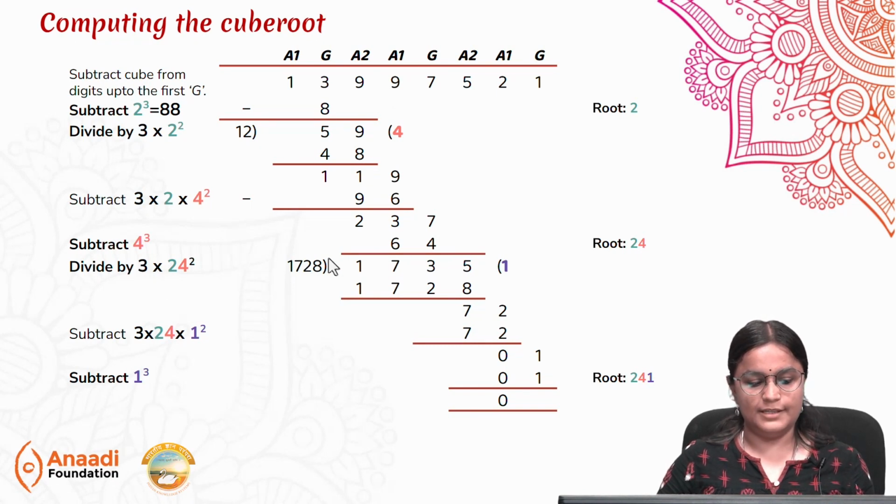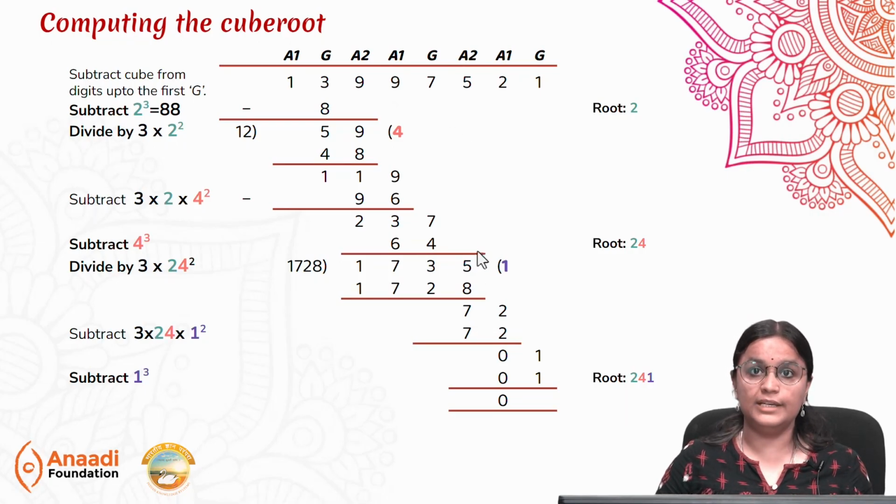Once we subtract this, the next step is to bring down a number from the Dvitiya Aghanasthana. Like we did before, we must divide it by 3 times the square of our current root. Now our current root is 24, so we must divide it by 3 into 24 square, which is 1728.